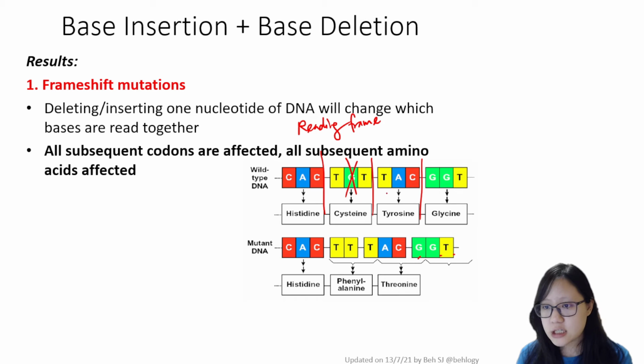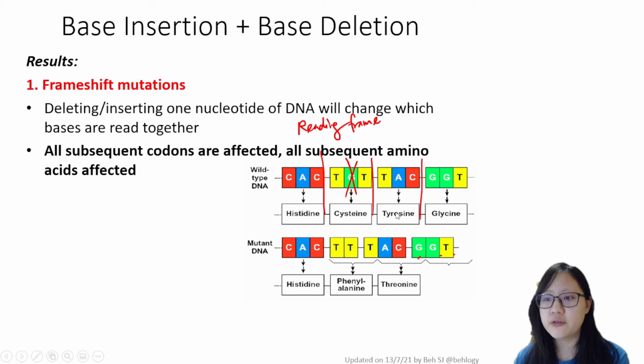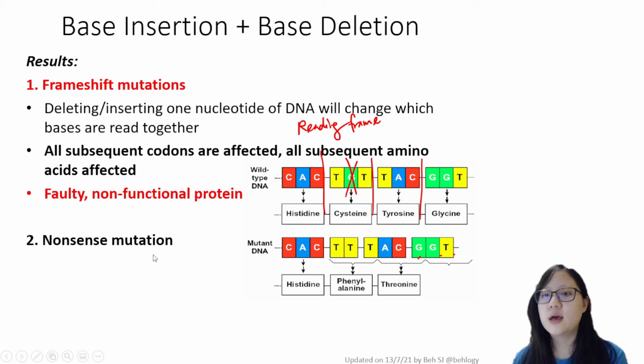Whether it's an insertion or deletion, this results in a frame shift. Every codon after the mutation is affected, and therefore every subsequent amino acid after the point of mutation would be affected. Because of this drastic change in reading frame, this could also result in a nonsense mutation.